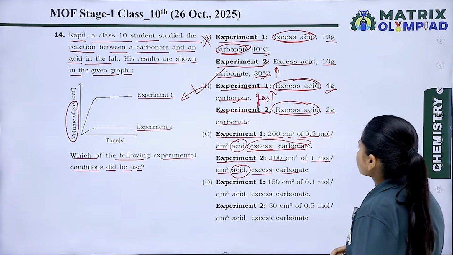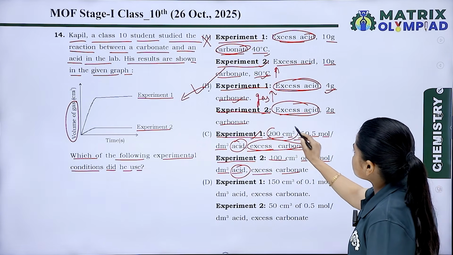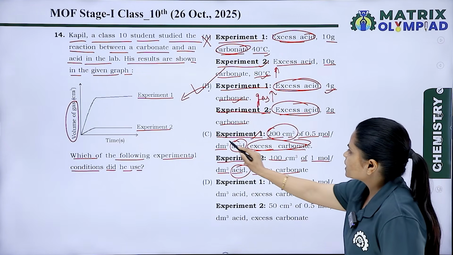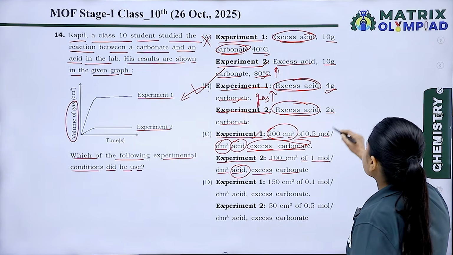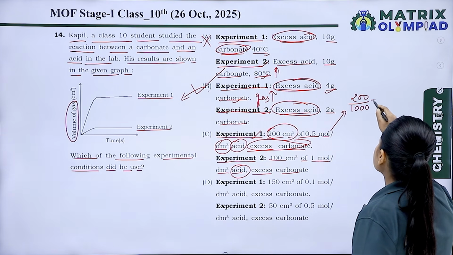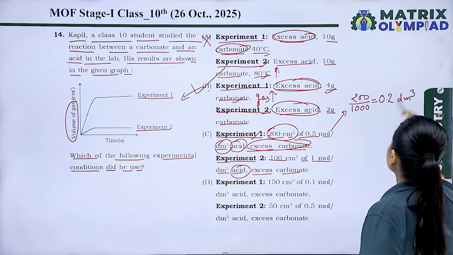Let's check. For experiment 1, we first change the volume 200 centimeter cube into decimeter cube, and for this 200 is divided by 1000, so we get 0.2 decimeter cube.